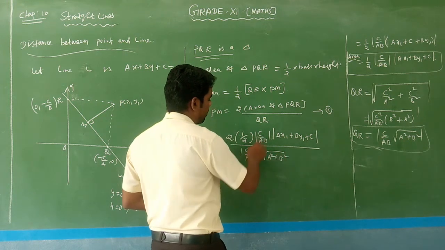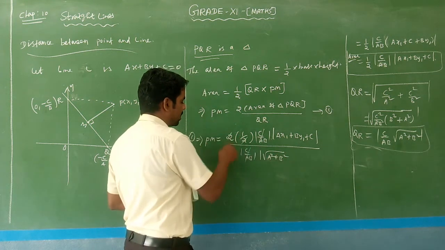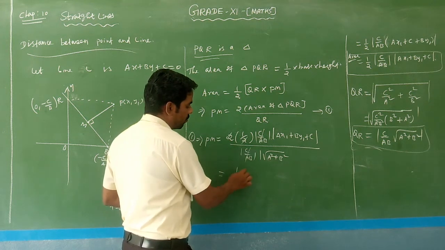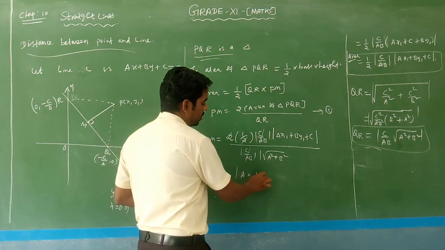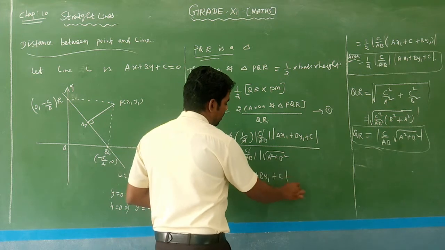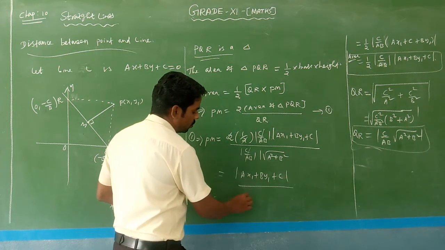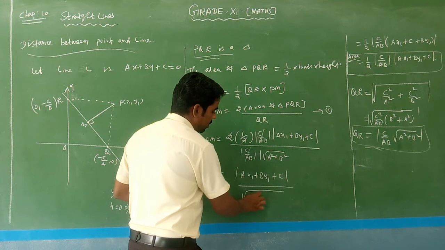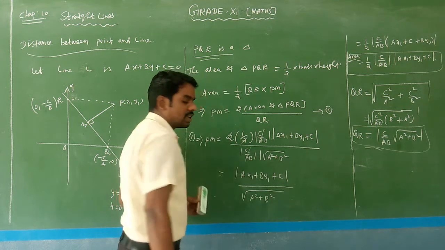So here c by ab cancels, 2 cancels. Remaining modulus of ax1 plus by1 plus c divided by root of a square plus b square. The square root is also positive.